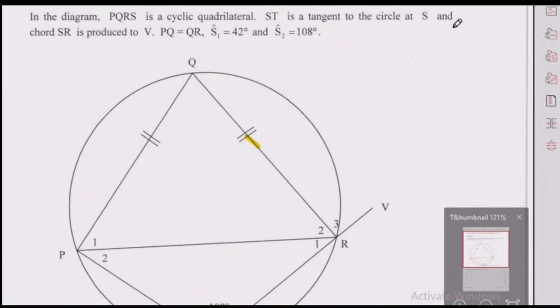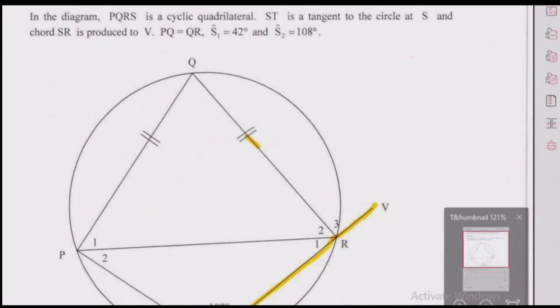We know that ST is a tangent to the circle at S. So this is where it touches it at S. And chord SR is produced at V.